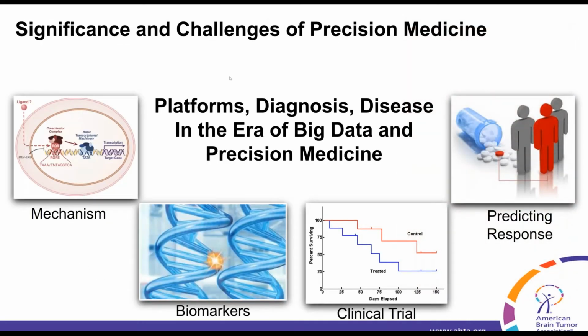The significance and challenges of precision medicine are both substantial. If used correctly, these platforms that we use for diagnosis and defining diseases can provide mechanisms. They can tell us how these tumors grow and potentially identify targets that we can use for therapies. They'll identify biomarkers that may demonstrate prognosis, how well patients will fare or respond to different therapies, and that can be found in clinical trials.